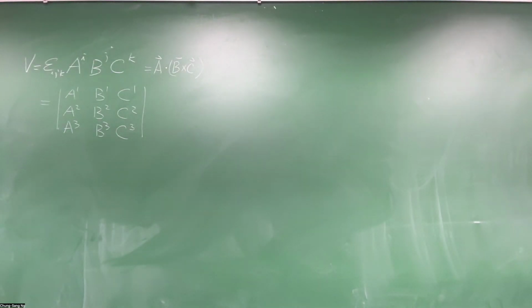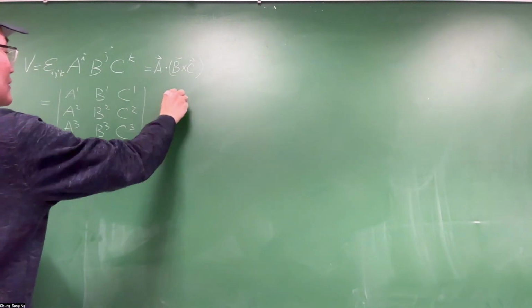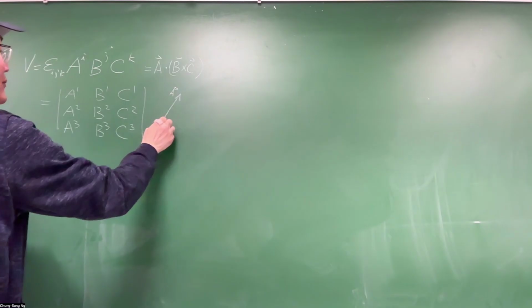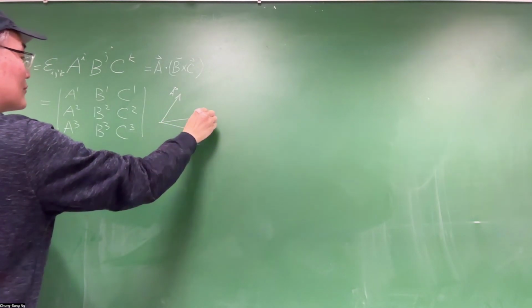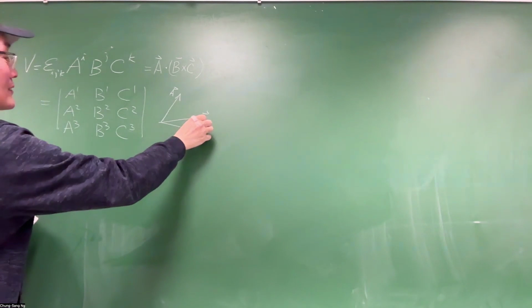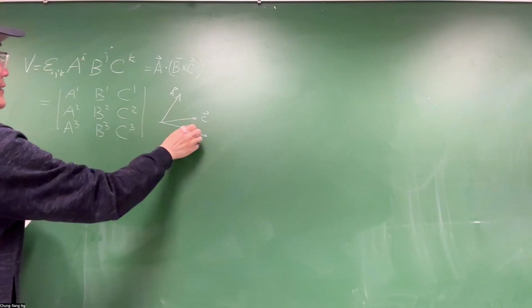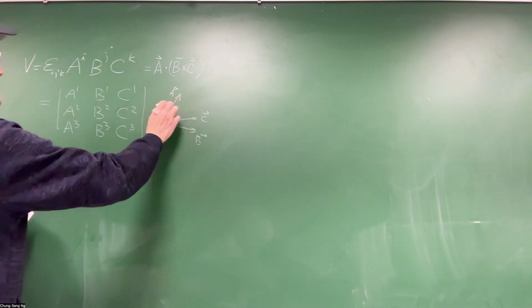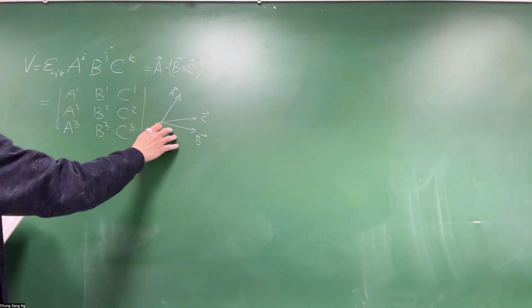Then you can use that to convince yourself this is a cross product. You have three vectors A, B and C, not necessarily orthogonal. B cross C has a direction normal to both, so it's hard to represent on the blackboard for three-dimensional space.